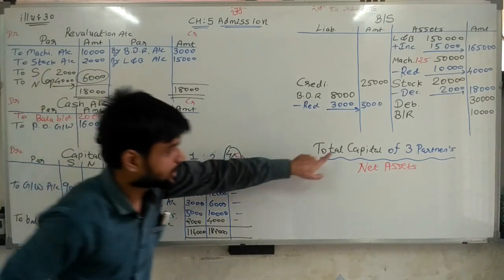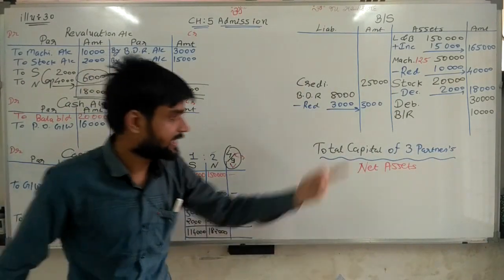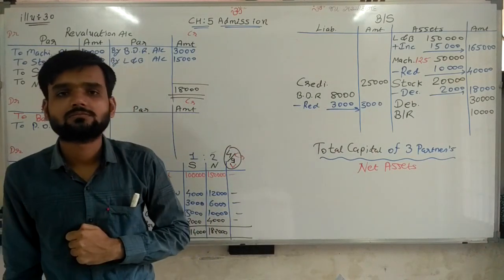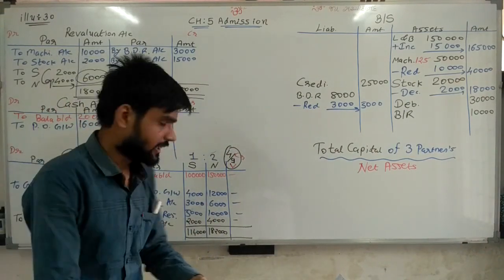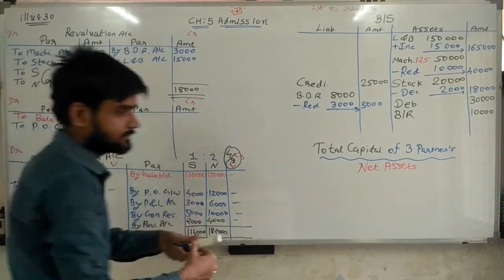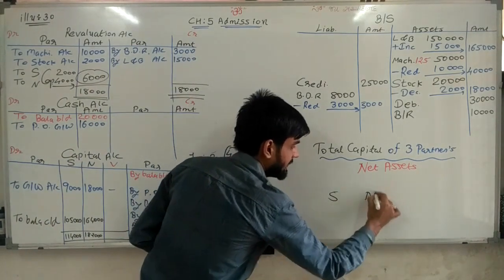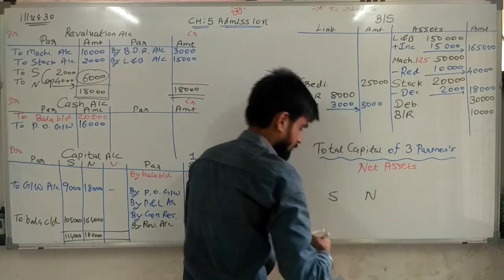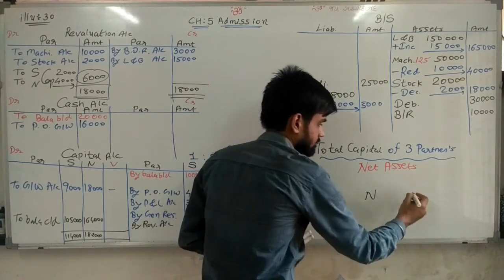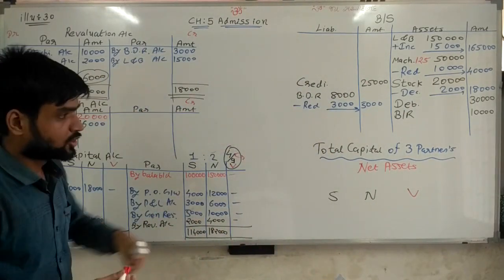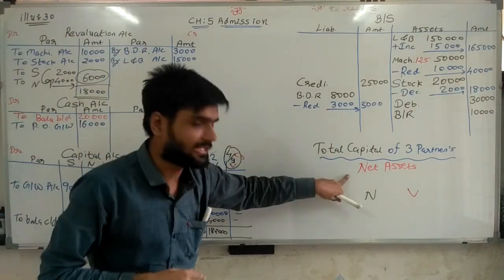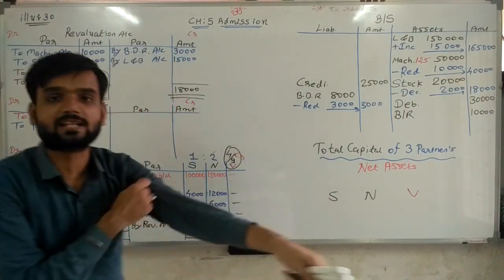Now, the total capital of three partners is my net asset. So here the three partners are S, N and V. So first of all writing here S, N and V. Total capital of three partners means net asset. First of all finding net asset. How?